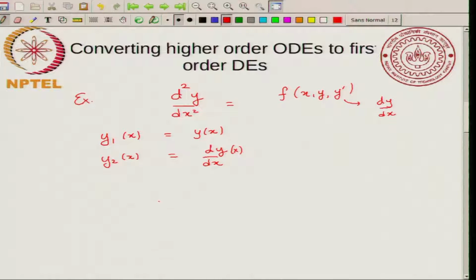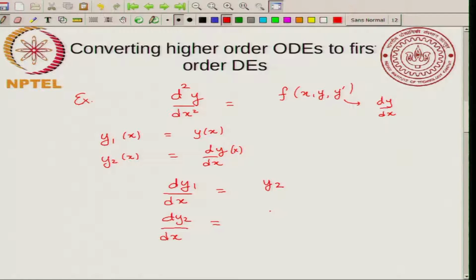Then your system of equations becomes, since y2 is dy by dx, dy1 by dx is equal to y2, and dy2 by dx is d square y by dx square.